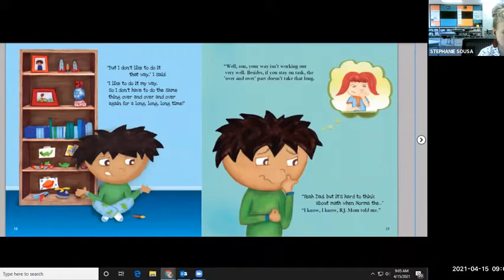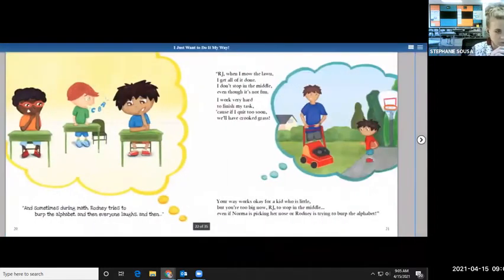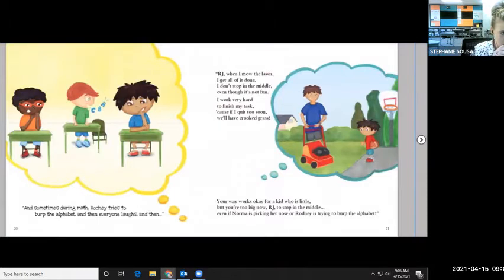But, Dad, it's hard to think about math when Norma, I know, RJ. Mom told me. And sometimes during math, Rodney tries to burp the alphabet. And then everybody laughs. And then, RJ, when I mow the lawn, I get it all done. I don't stop in the middle, even though it's not fun.